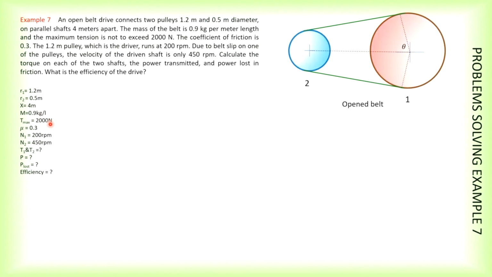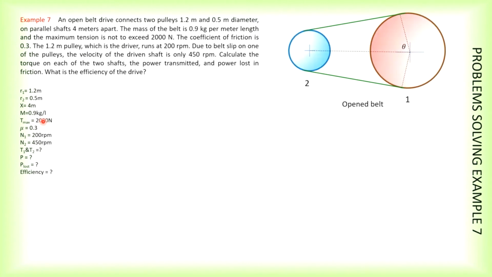So the T max, that is T1, is 2000 Newton. Here they consider T max equals T1 plus Tc. But then, okay, you can solve the problem by taking this as T1. Okay, so this is the other approach, the other way of approaching solving problems with Tc.